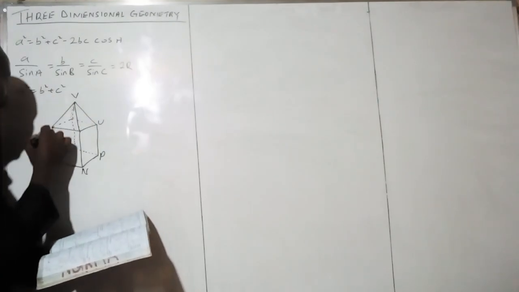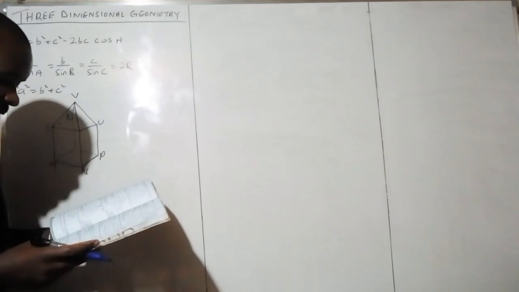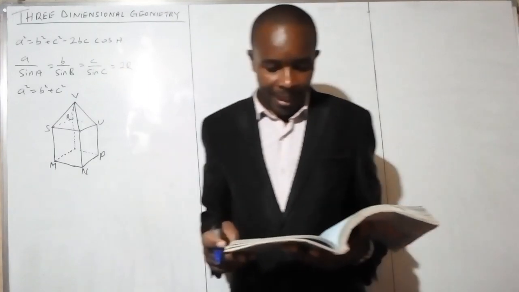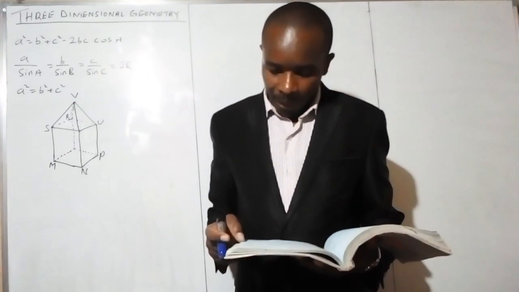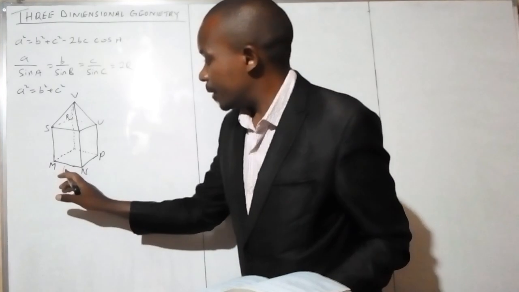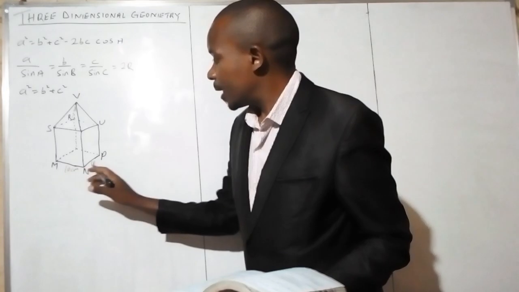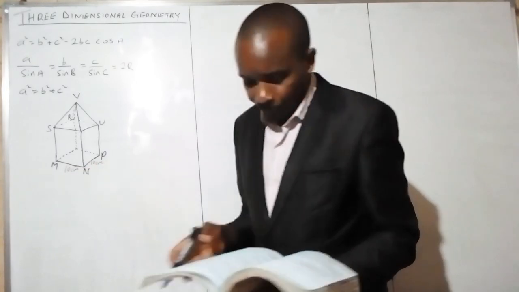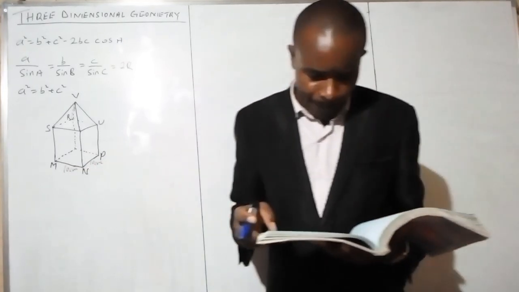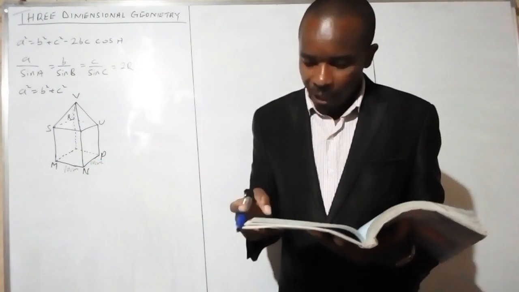R is there. The figure beside is a model of a water tower with a square base of sides 10 centimeters. Here we have 10, and here we have 10 centimeters. Then height PU, this height is 15 centimeters.